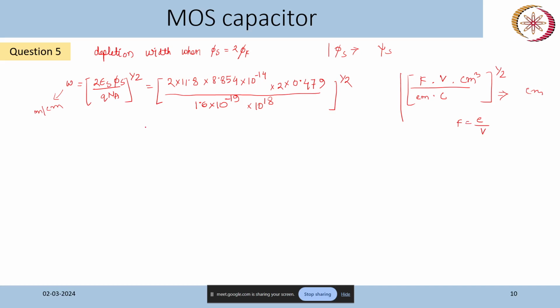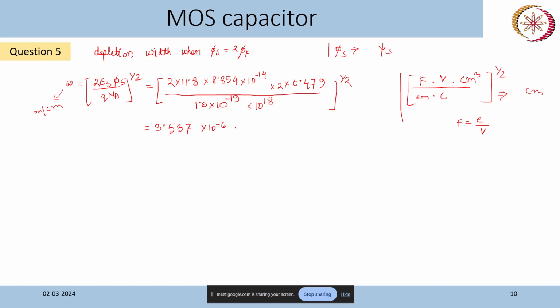So what will be the value here? Let me calculate. So the answer is 3.537 into 10 to the power minus 6.